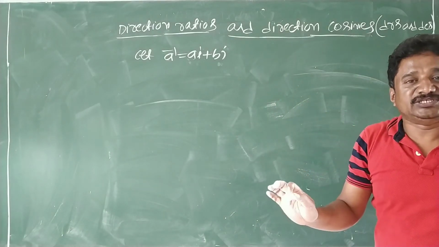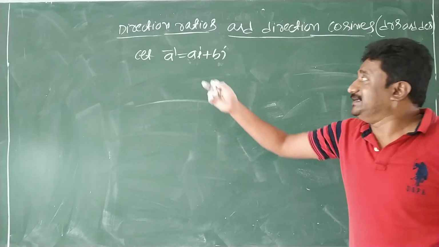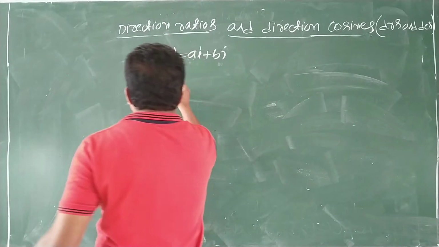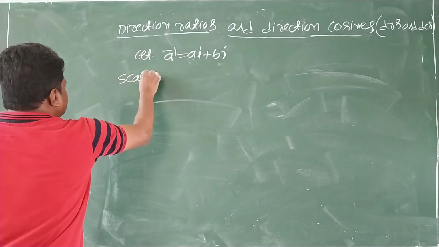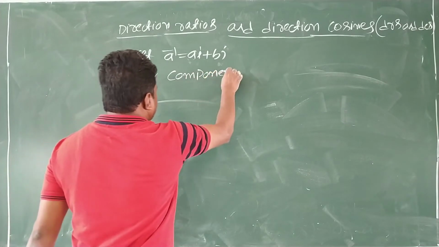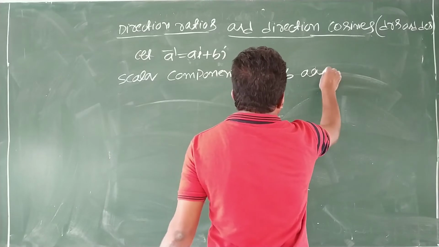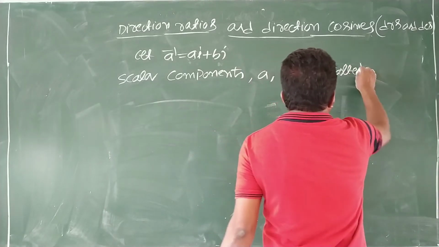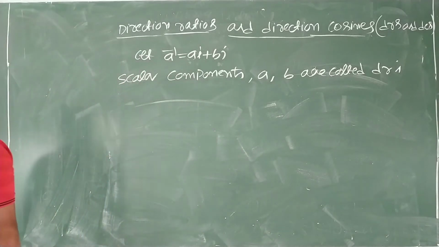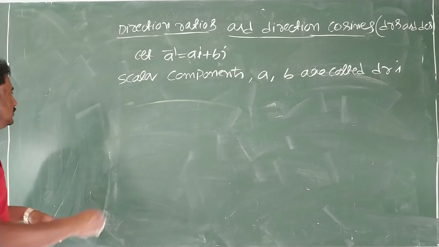What are DRs? They are nothing but scalar components. Scalar components a, b are called DRs. Scalar components are called what? Direction ratios.